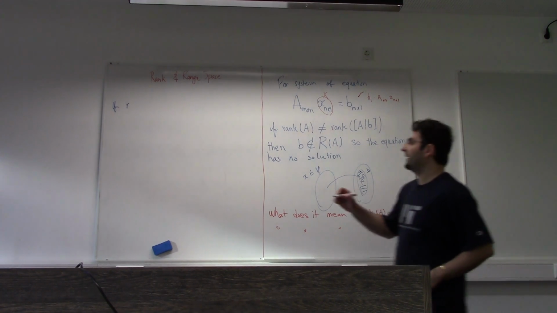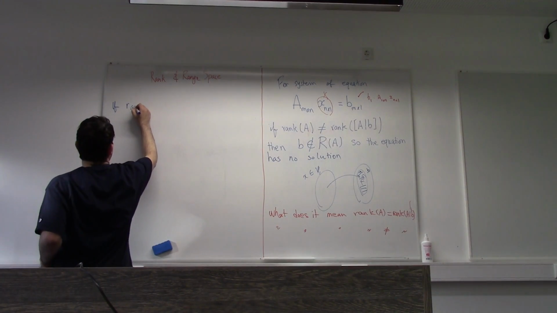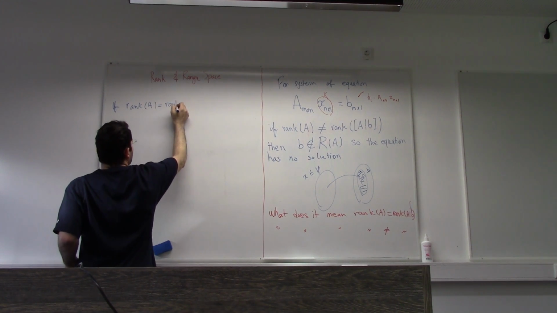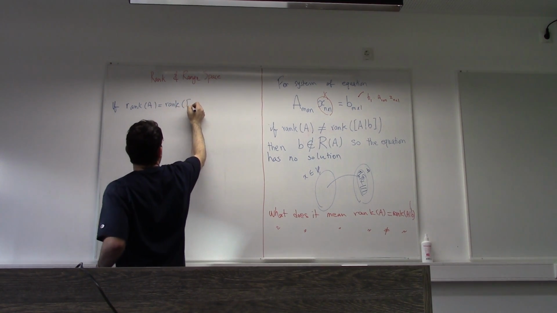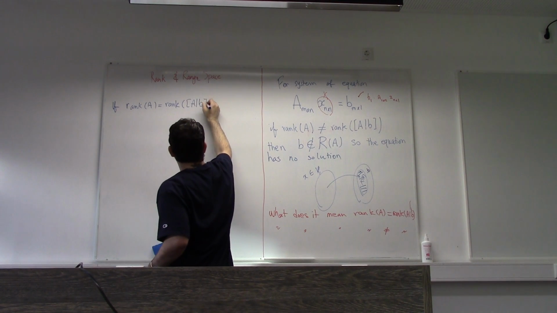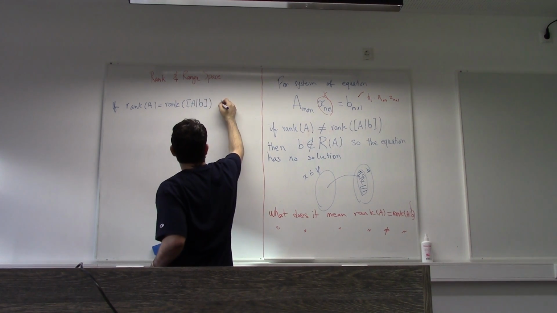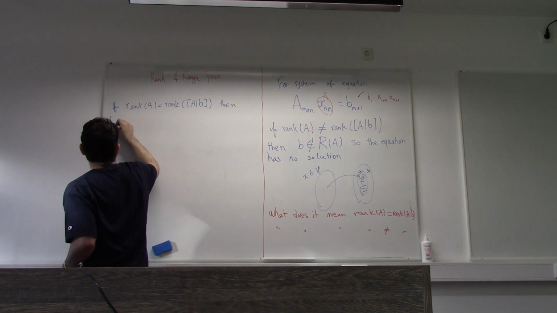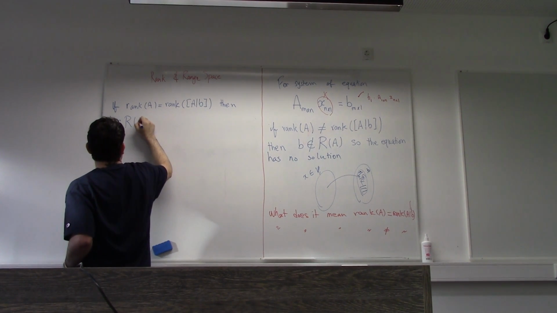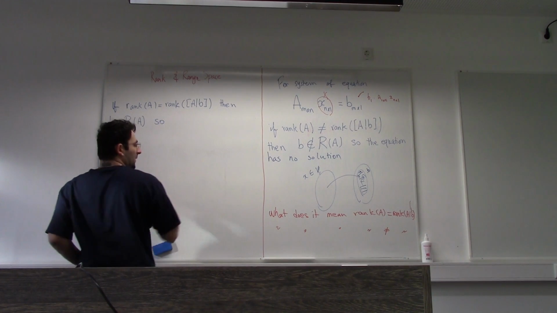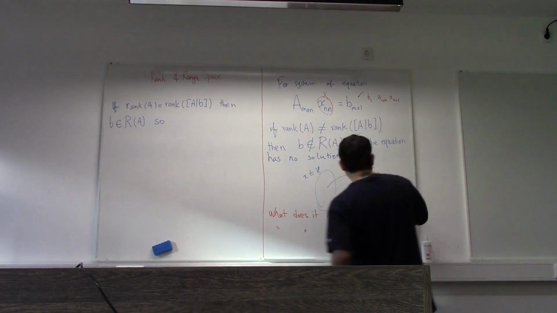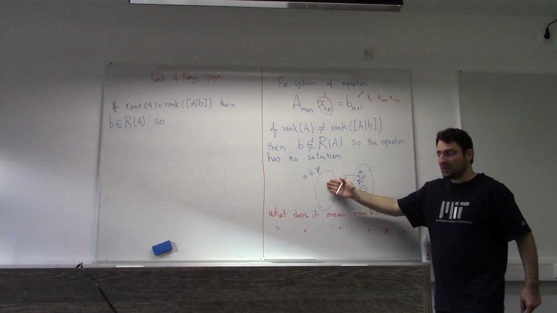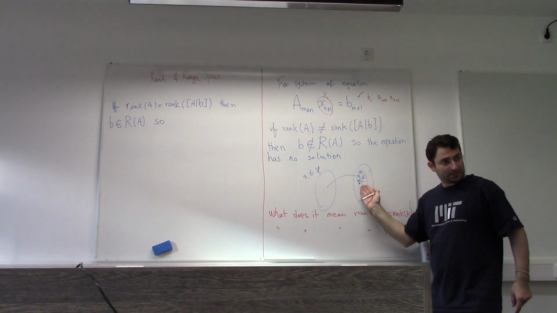So if rank A is equal to rank AB, then B belongs to RA. Now B is a member of RA, so it means that there is a way we can assign sets of x.